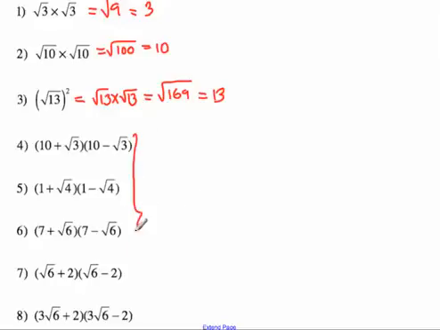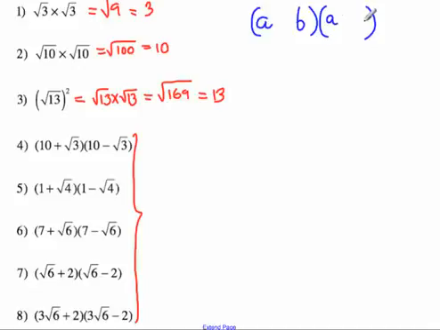Now, looking at the next few questions, hopefully you'll spot a pattern about what's similar in all those questions. In case you don't, let's remind ourselves of some algebra. Imagine in algebra I'm multiplying two brackets together. In the first bracket I've got a number or a term or an algebraic expression and a different number or term or algebraic expression.